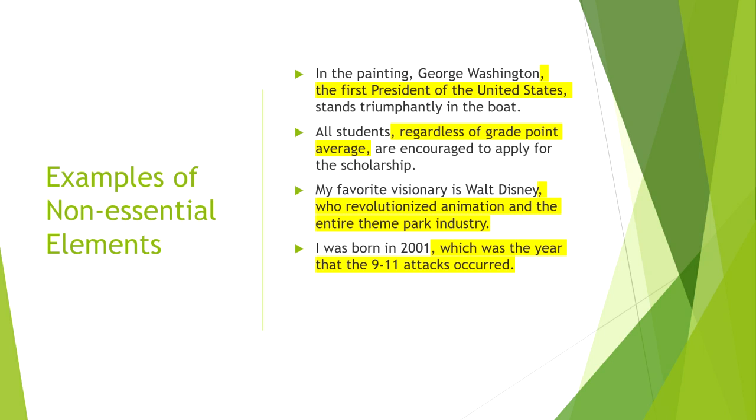And here's another one. I was born in 2001, which was the year that the 9/11 attacks occurred. So the main information of the sentence is when they were born, in 2001, right? But extra information has been added about the year 2001. That's not what the sentence overall is about, but it's just adding that extra information. So which was the year that 9/11 attacks occurred?